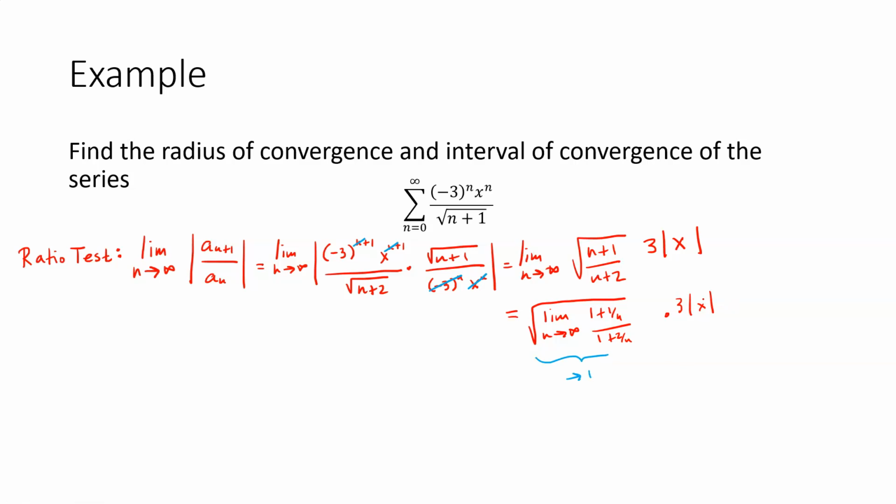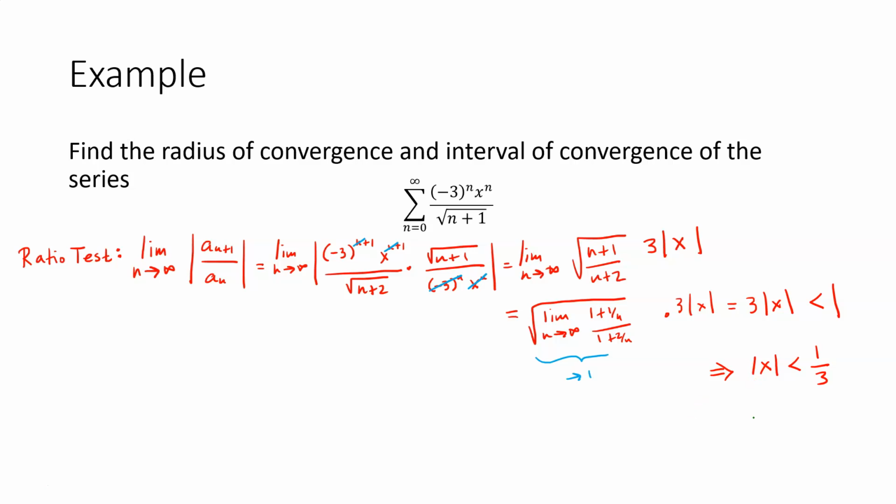So we have 1 times 3 absolute value of x, which leaves me with 3 times the absolute value of x. And we want to say that that's less than 1 in order for it to be convergent. So now we have the absolute value of x is going to be less than 1/3 when it's convergent.